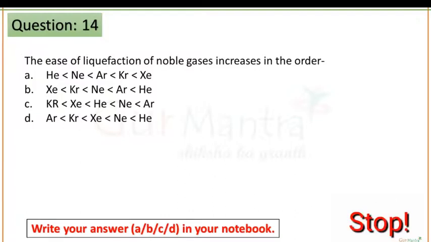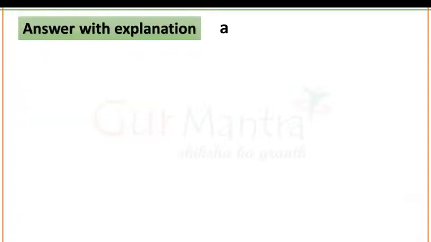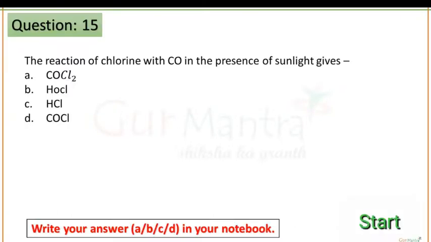The correct answer is option number A. Next question. The reaction of chlorine with CO in presence of sunlight gives.